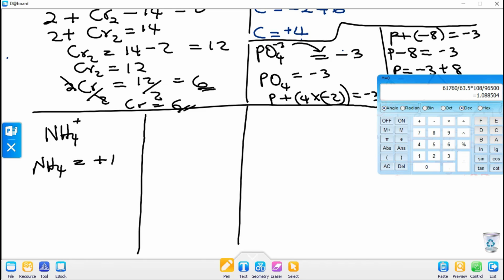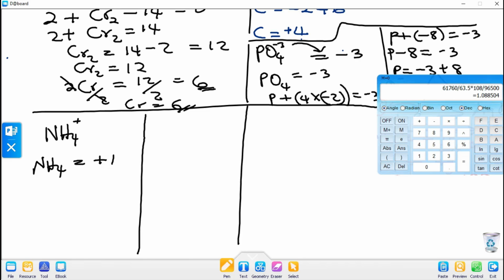Since we have been told that when we have radical species like this, everything will be equated to the charge. Hydrogen we've been told has oxidation number of plus 1, except when it is in hydrides, like potassium hydride, sodium hydride, calcium hydride. Then it has oxidation number of minus 1.